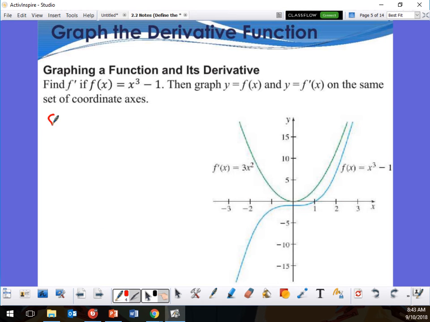So if I start off with s, and s prime was 10t. What can I say looking at my function and then my derivative?